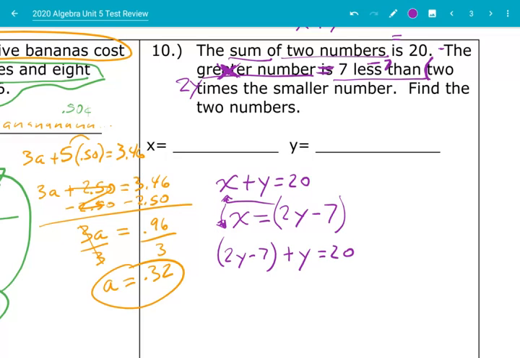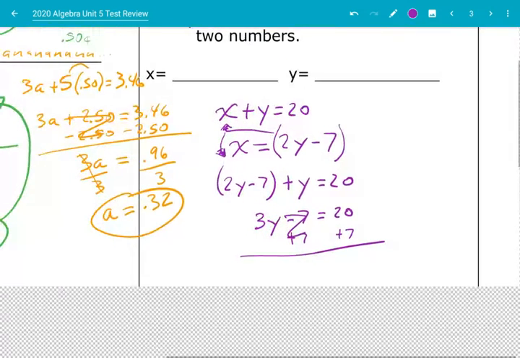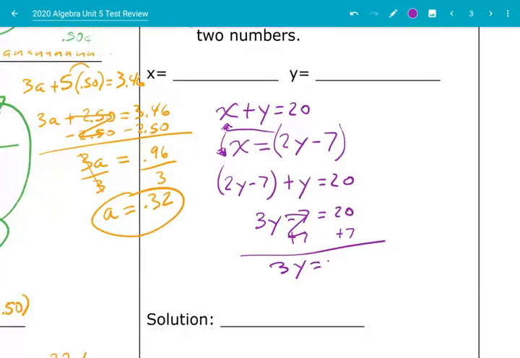So 2y and y, that's 3y minus 7 equals 20. Now I'm going to add 7 to both sides. That zeroes out. It gives me 3y equals 27. Divide by 3, so y equals 9.